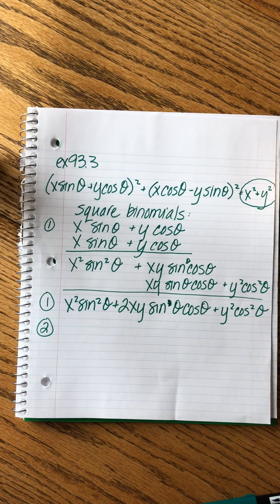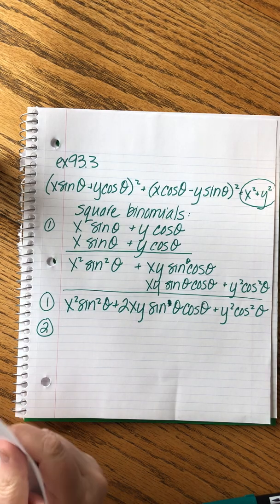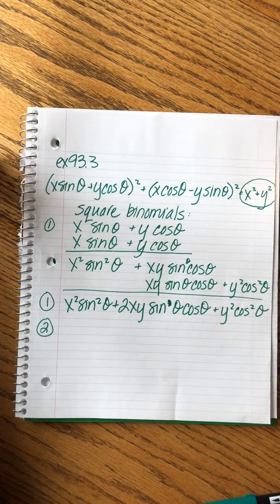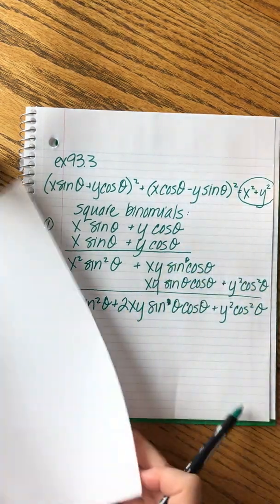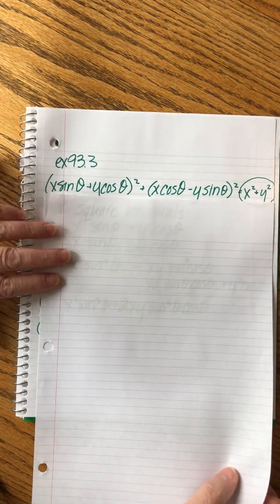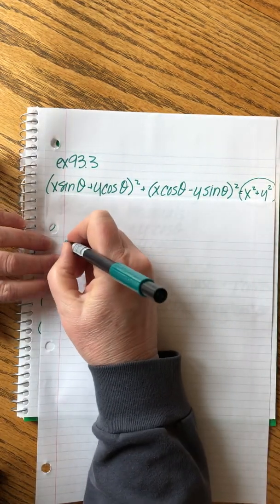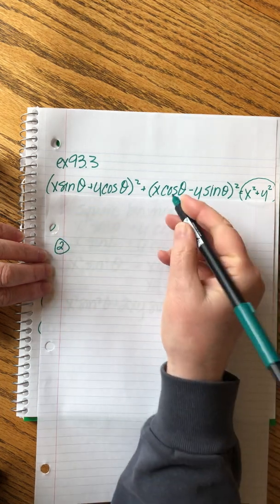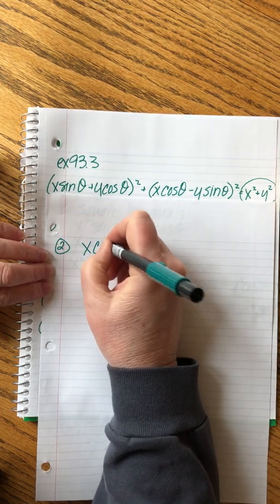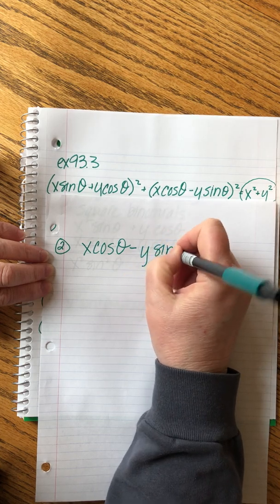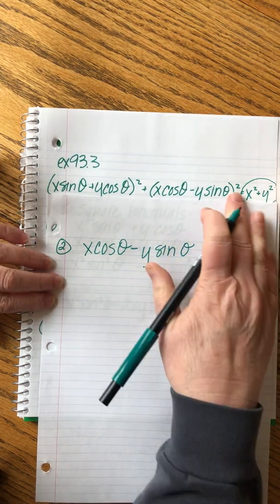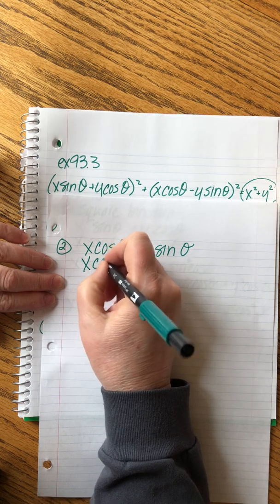So I'm going to leave space here to finish the problem, but I'm going to square this binomial on this second piece of paper. So this is going to be calculation 2, x times the cosine of theta minus y times the sine of theta, and then I do that twice.